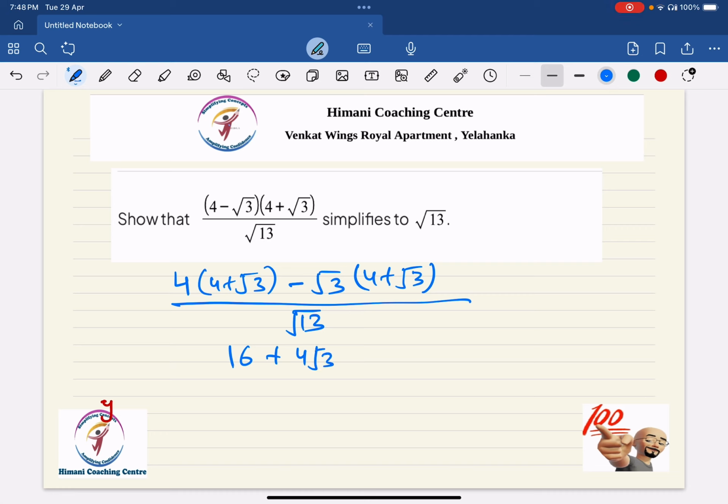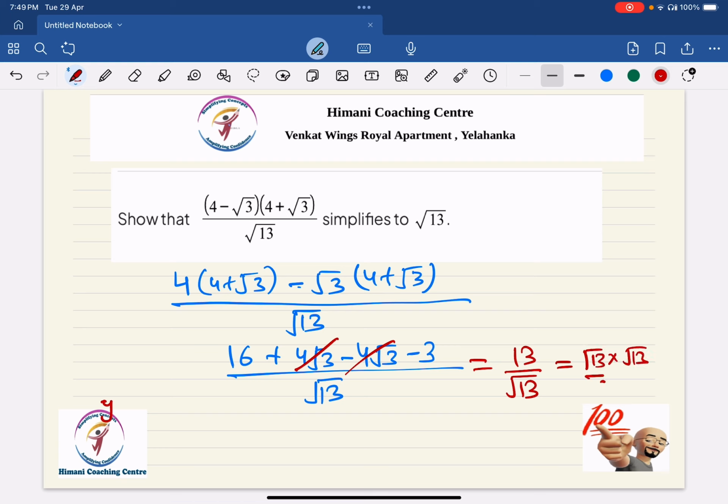Now minus root 3 into 4 is minus 4 root 3. Minus into plus is a minus, and root 3 into root 3 is just 3, divided by root 13. Now we can see that 4 root 3 and minus 4 root 3 cancel each other, and we get 13 over root 13. Again, it is root 13 into root 13 over root 13. So the answer is root 13.